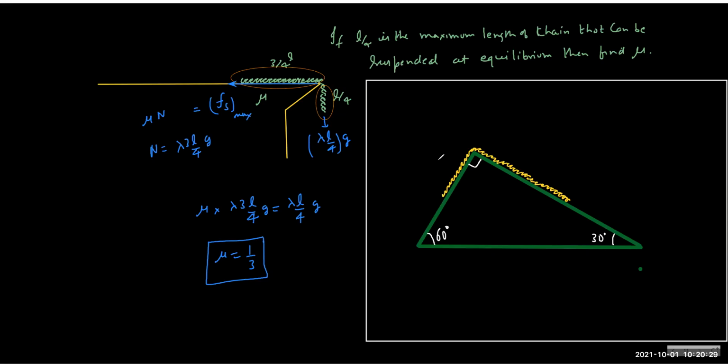Now we have a chain something like this. If I say this is the L1 part here, the L2 is here, the total length is L, and the coefficient of friction is mu. If I give mu equal to maybe 0.6, it's a very big mu.